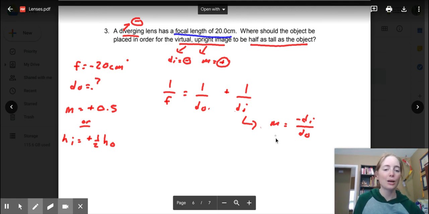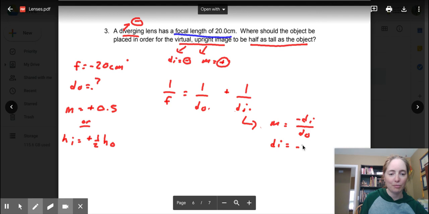So I'm going to rearrange this to get my DI on its own so I can replace this. When I rearrange this, my DI is going to equal my negative MDO.